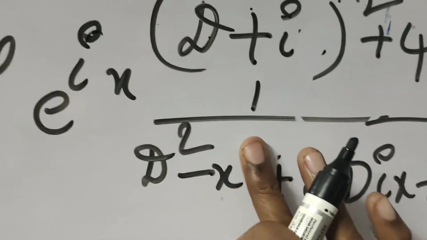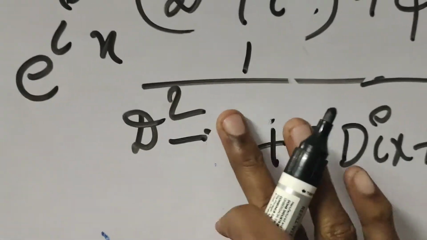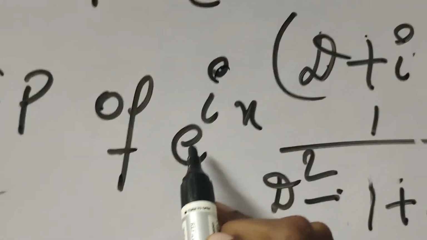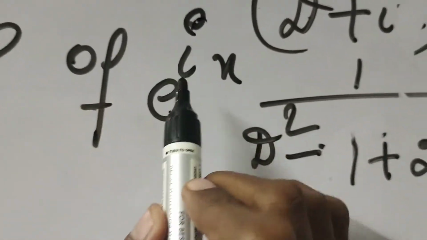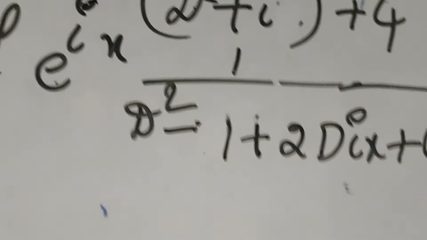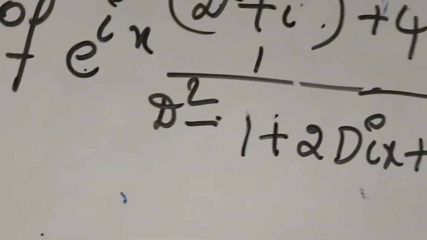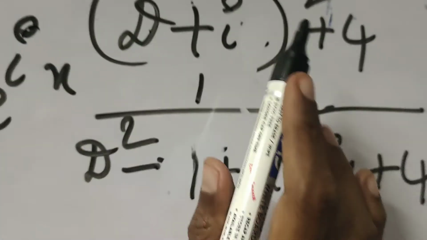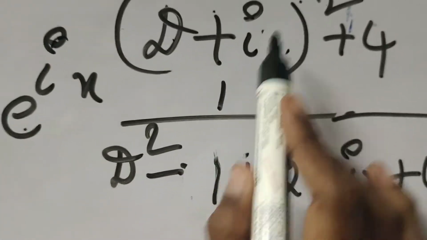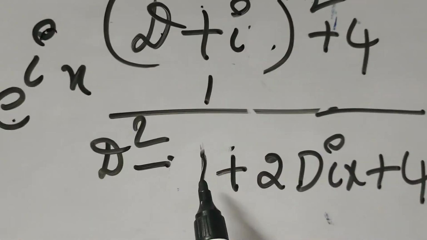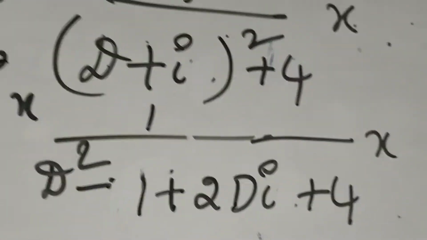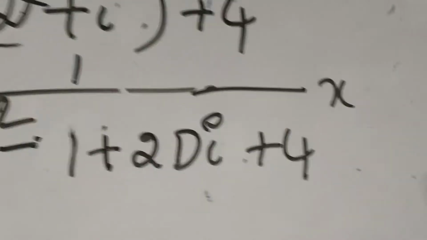Here i² means -1, using (a + b)² = a² + b² + 2ab, that is i² = -1 plus 2Di plus 4 into x.